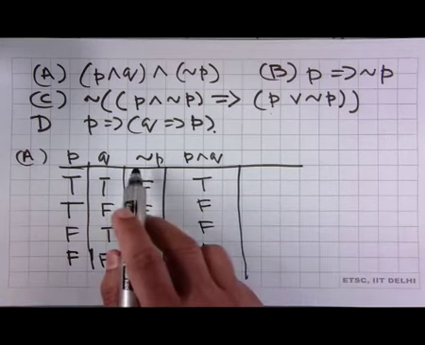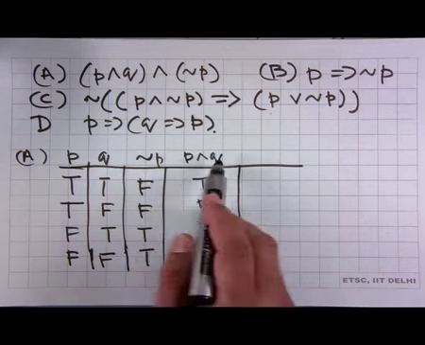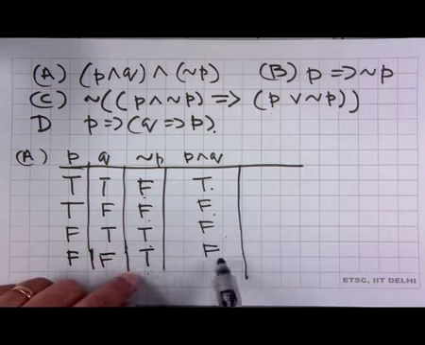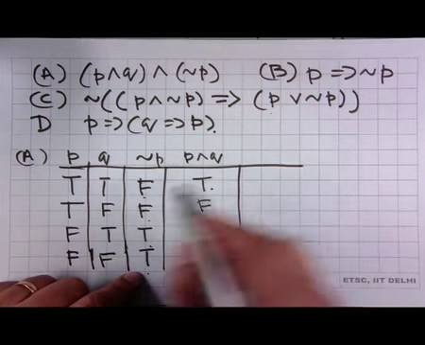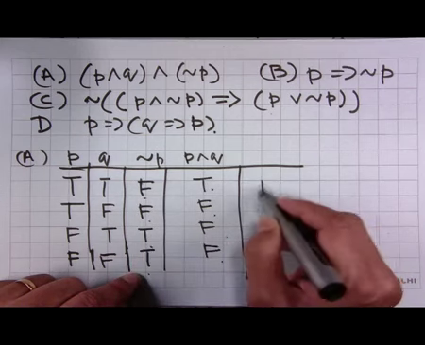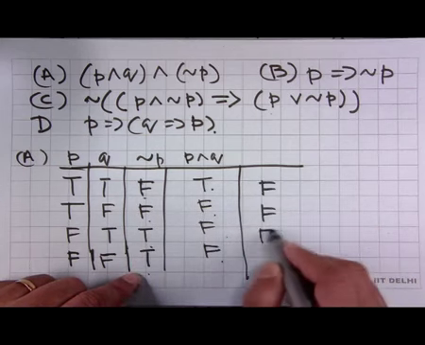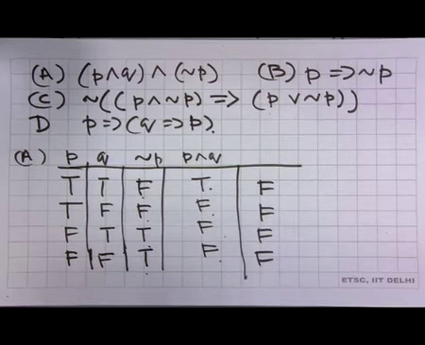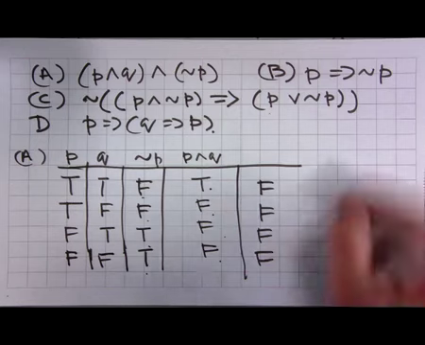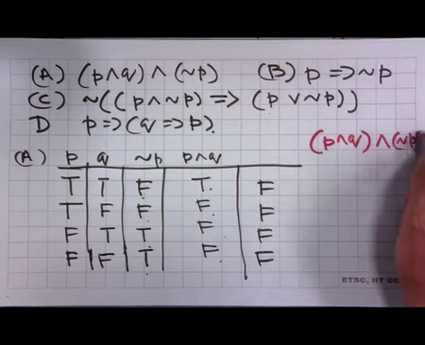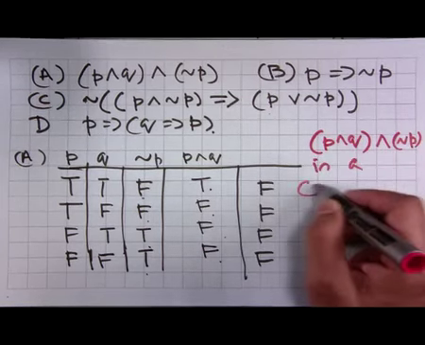Therefore, not P and P and Q is going to be the AND operation between these two columns, and we can find that in each one of them at least one of the two values is F. So, this is F, this is F, this is F, this is F. Therefore, we can find that P and Q and not P is a contradiction.